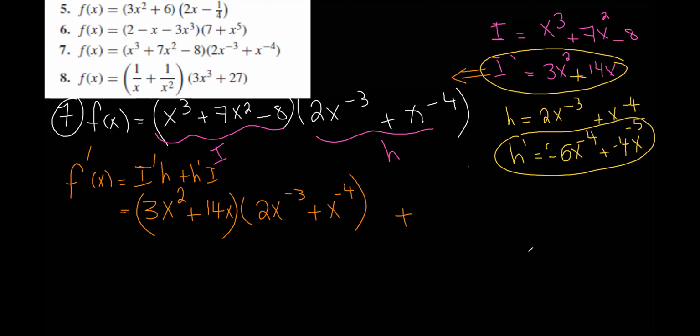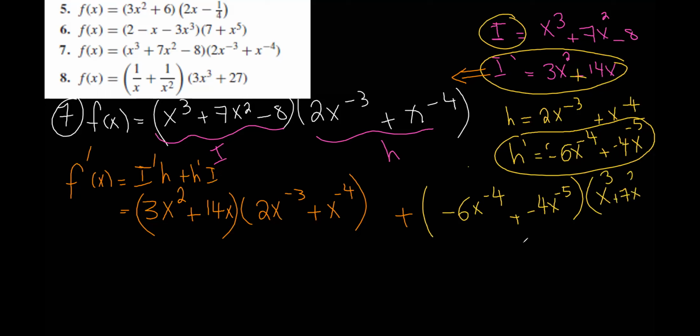Plus the second one now: negative 6x to the power negative 4 plus negative 4x to the power negative 5, times I. This is h prime. You have to choose I now: x cubed plus 7x squared minus 8. Thank you so much.